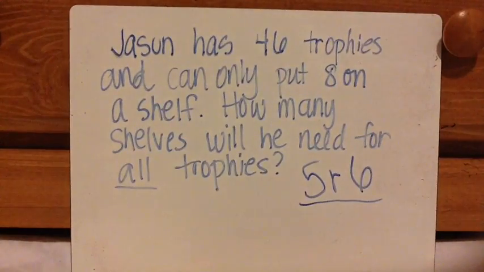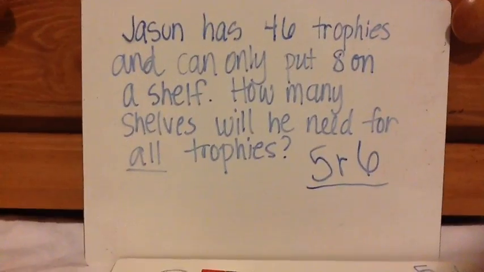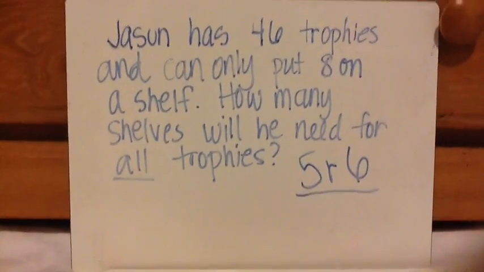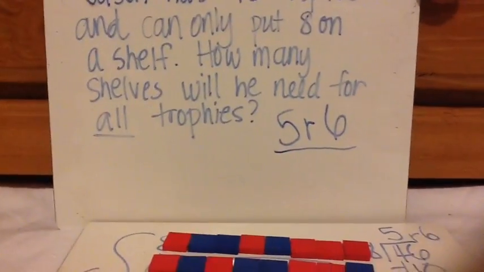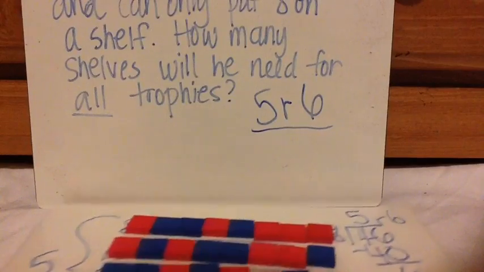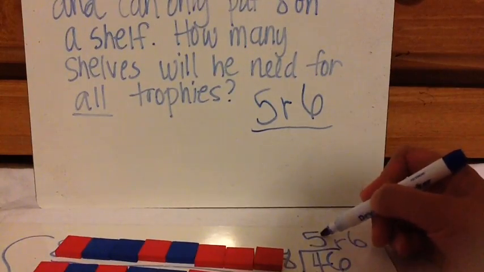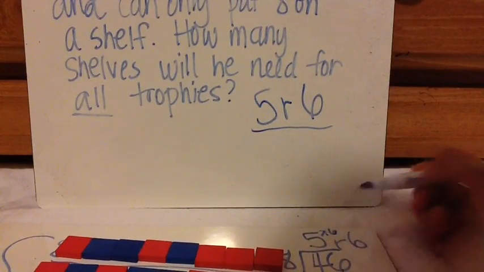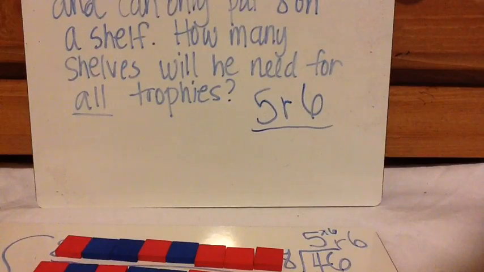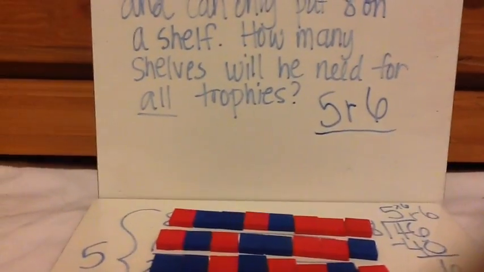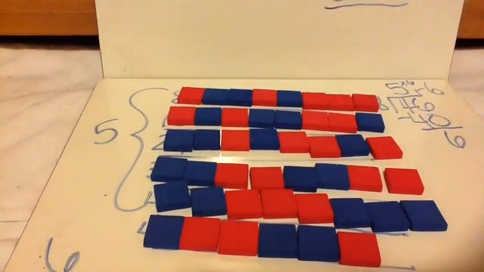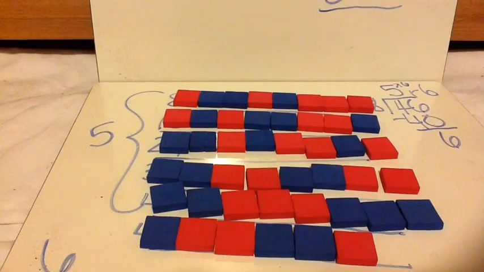So they're really confused as to what it is they want. In this situation, you have to visualize and understand that if you get 5 remainder 6, if you have a remainder left over, this 5 bumps up to the next whole number, which is 6. You are making a 6th shelf for those remainders. So my final answer is 6 shelves.